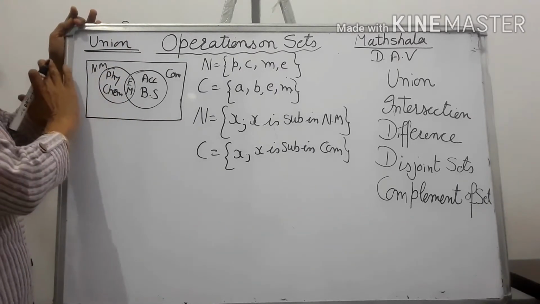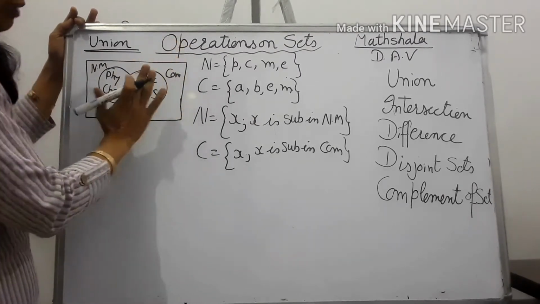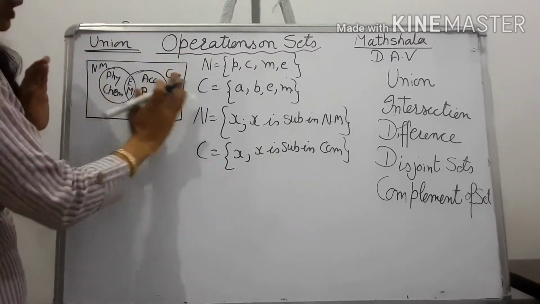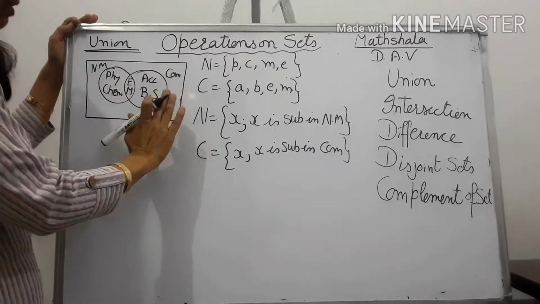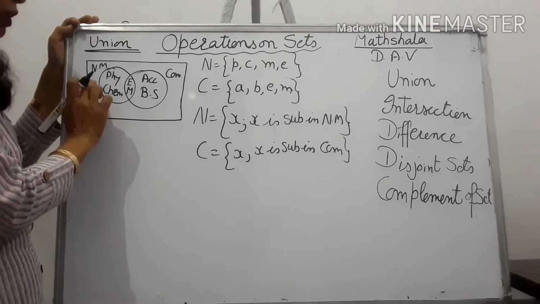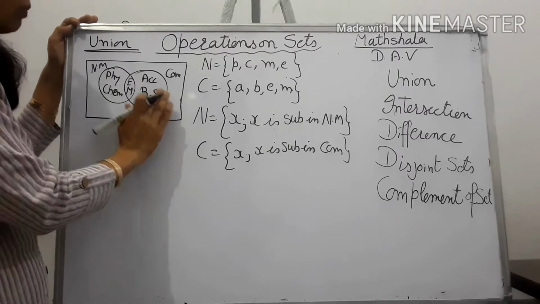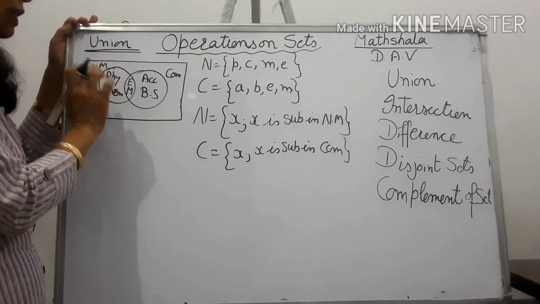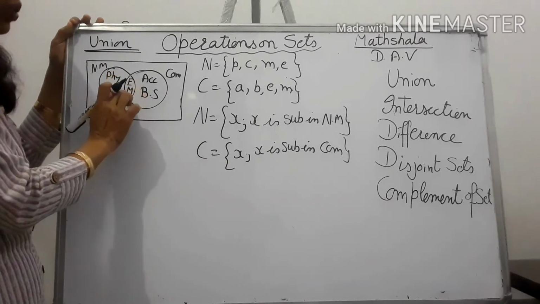So, see, I have taken the example with the help of this Venn diagram. See, this rectangle represents all the streams in class 11, and this is subjects in non-medical, and subjects in commerce stream. In non-medical, let us say we have physics, chemistry, English and maths.